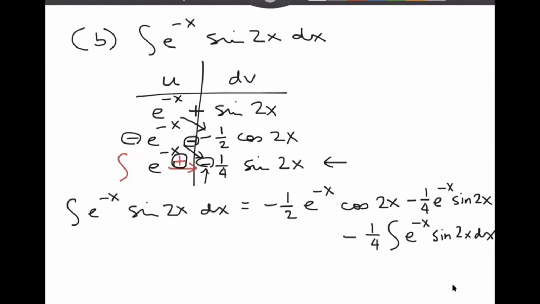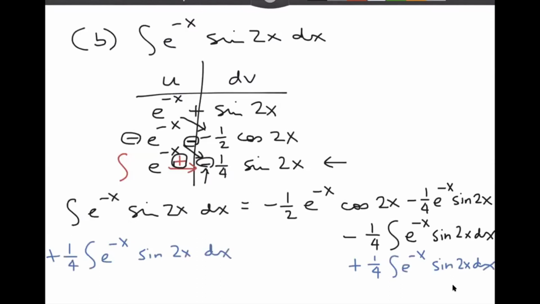Okay, so it kind of reminds me of that other problem. We have the integral is equal to term plus term and then minus 1/4 that same integral. So all we have to do is add 1/4 that integral to both sides. I'm going to squeeze this in at the bottom, and then I think I'll have to go on to the next screen.